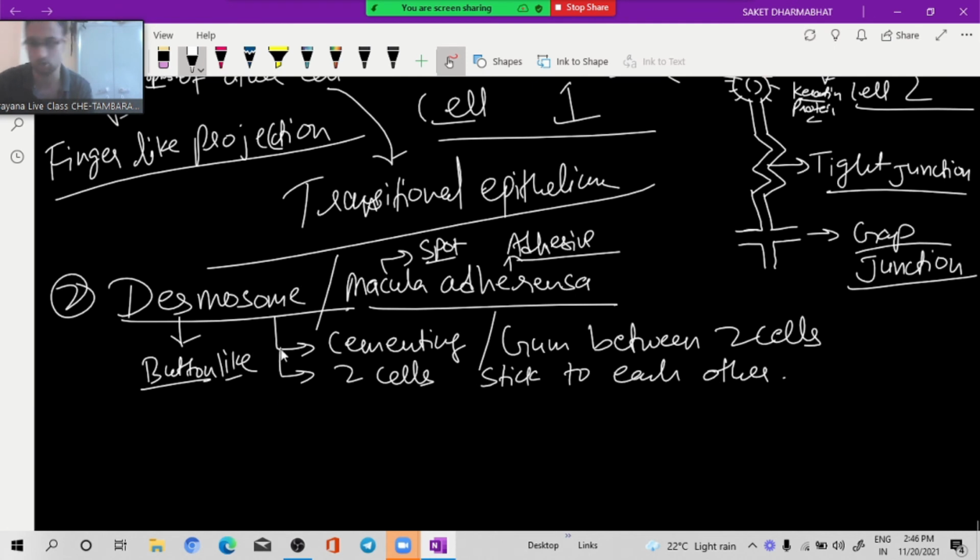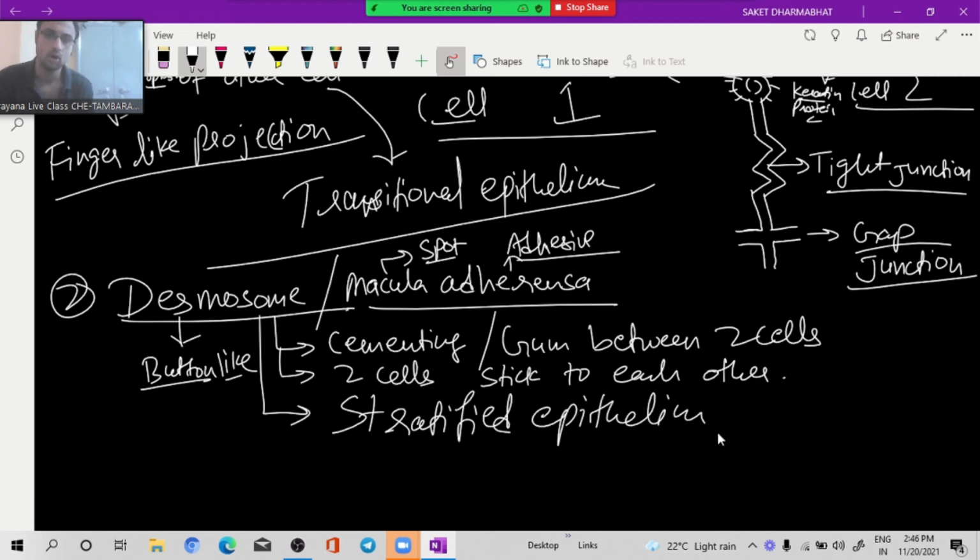Now these desmosomes are found where? Desmosomes are mainly found in stratified epithelium. Compound epithelium is of how many types? Two types.